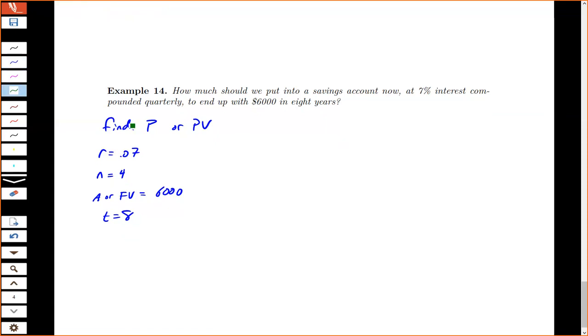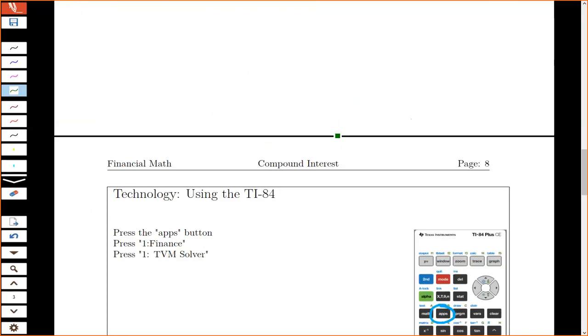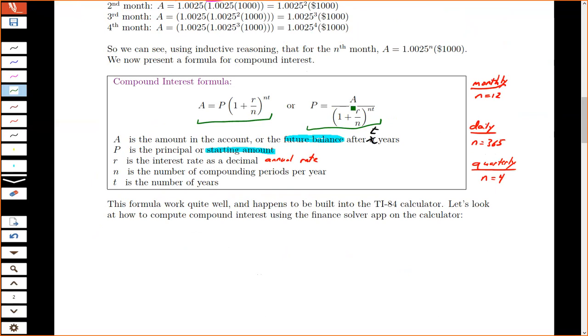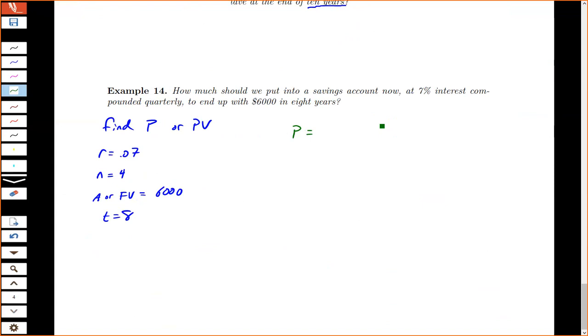Okay. So then if I want to compute my ending amount A, my present amount PV using a formula, okay, here the formula P, remember it's A divided by that parenthesis thing. I'll just write it down here.